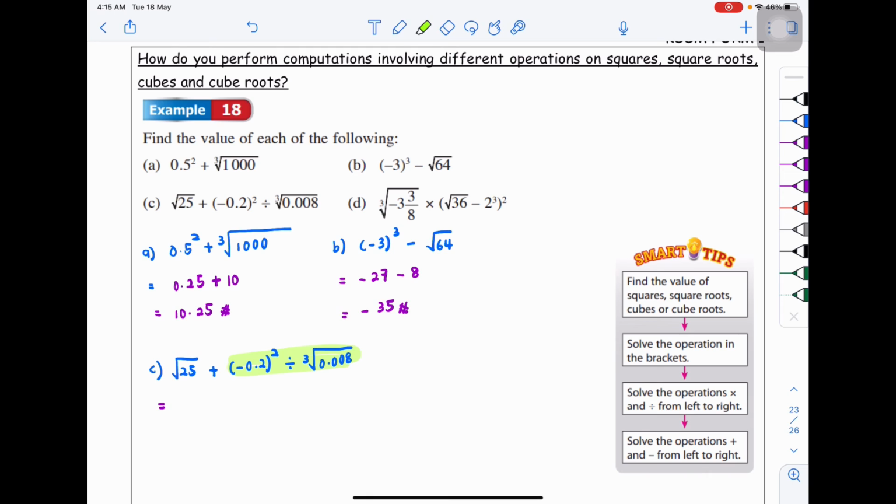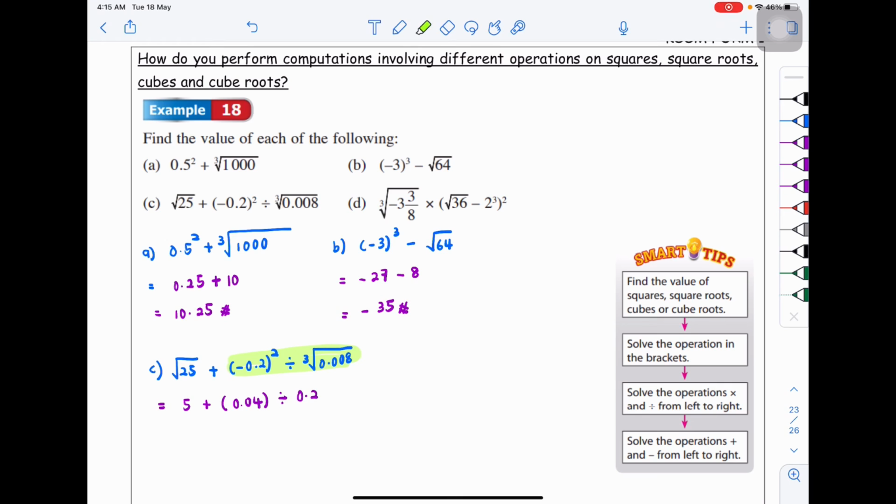Square root of 25 is 5, plus negative 0.2 square will give us 0.04, and cube root of 0.008 will give us 0.2.